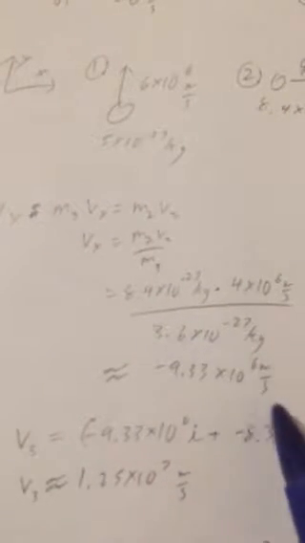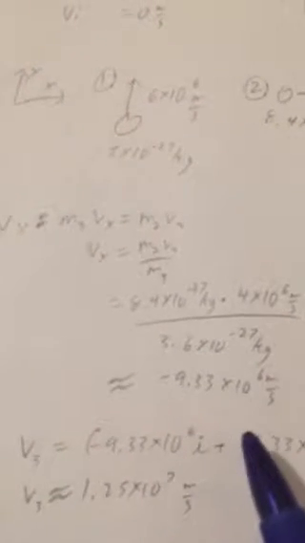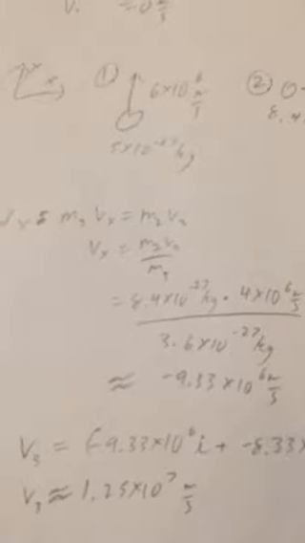Just plug that in, cancel out, go through the math, and you get negative 9.33 times 10 to the 6 meters per second. It is the velocity of the third particle in the x direction, regarding, of course, x is in the positive direction of right and y is in the positive direction for vertical.